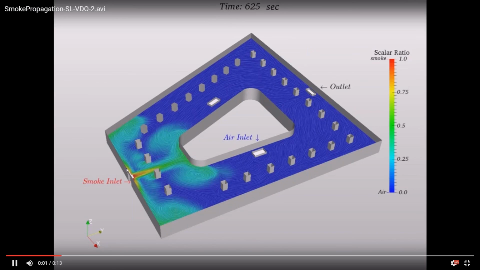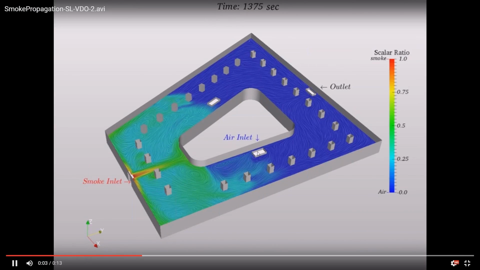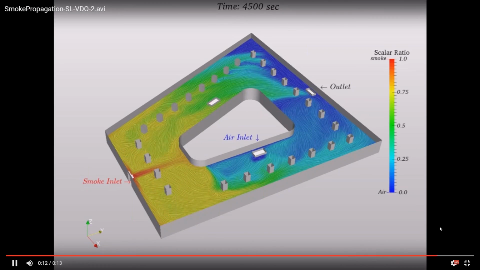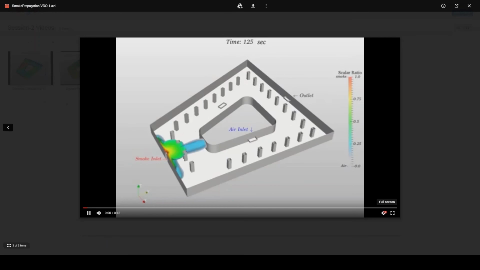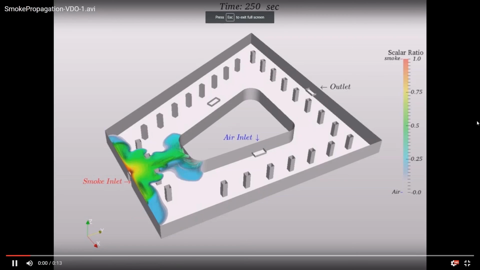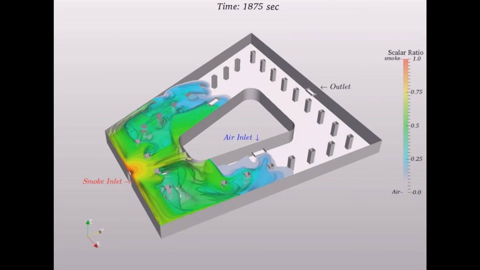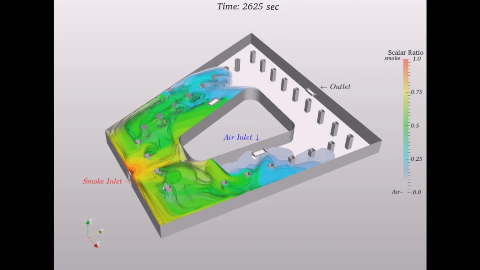You will see again, since we had an air inlet here, this part kind of acted like a cushion and moved the smoke to the other part. From there it moved on towards the outlet. This is one of the cases. We have another one, again the same scenario. This time we have the contours of the concentration.